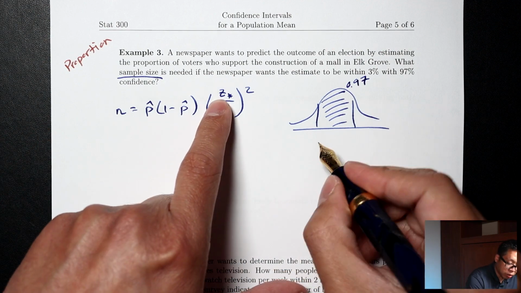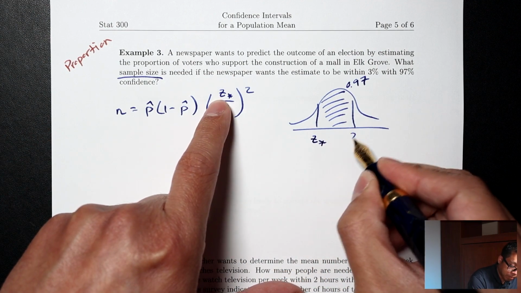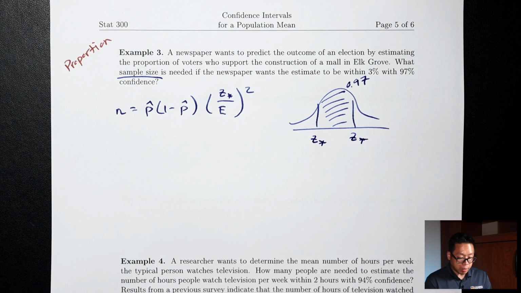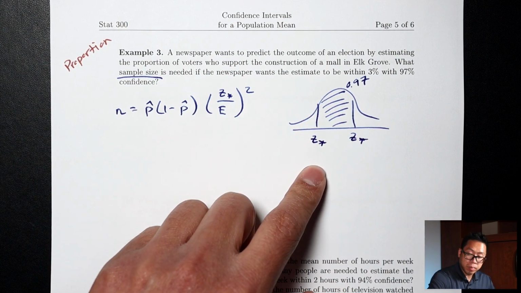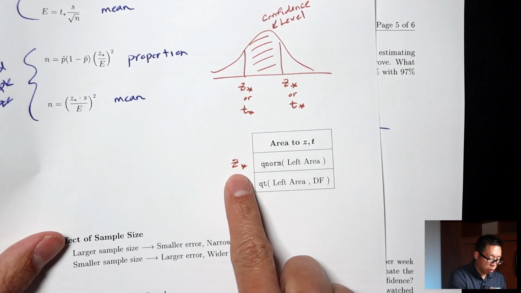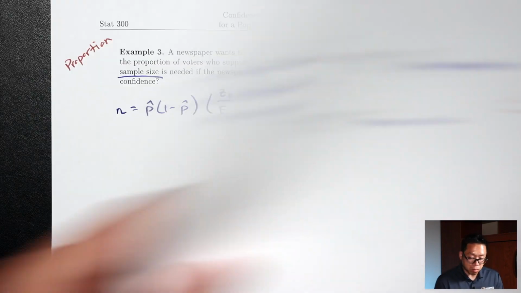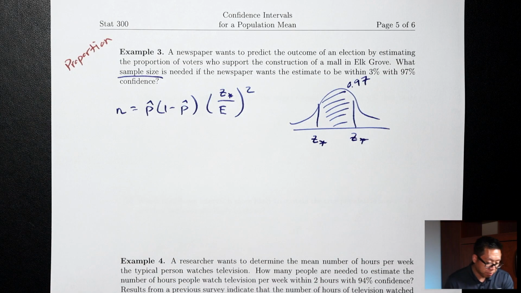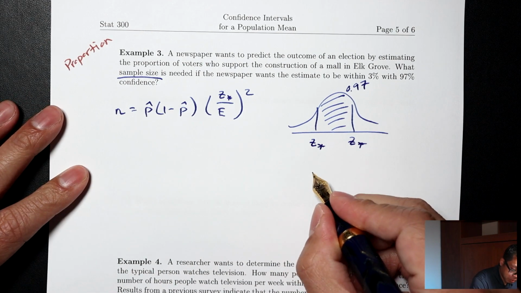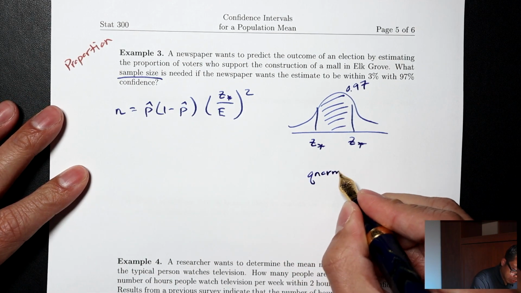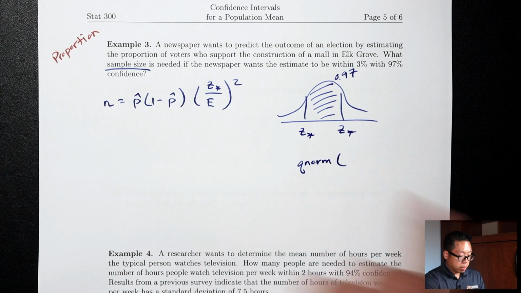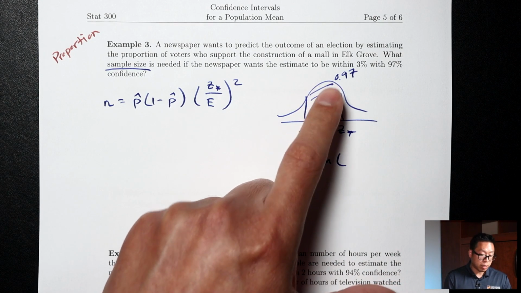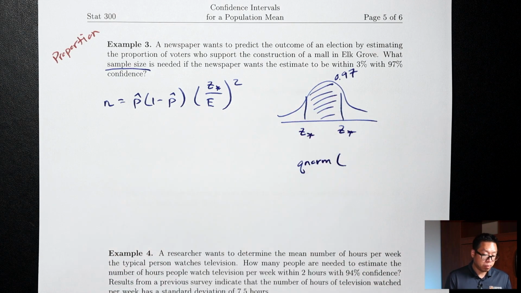Okay, we're looking for Z stars. Okay, this is an area to Z question. To find Z star, we're going to be using qnorm in R. So qnorm, left area. What is the left area here? It's not 0.97. 0.97 is the area, the shaded area in the middle.